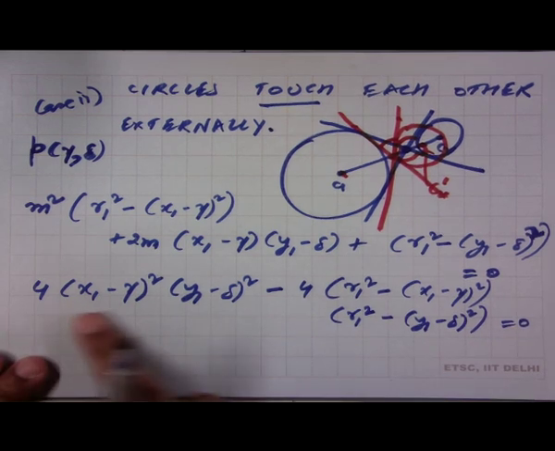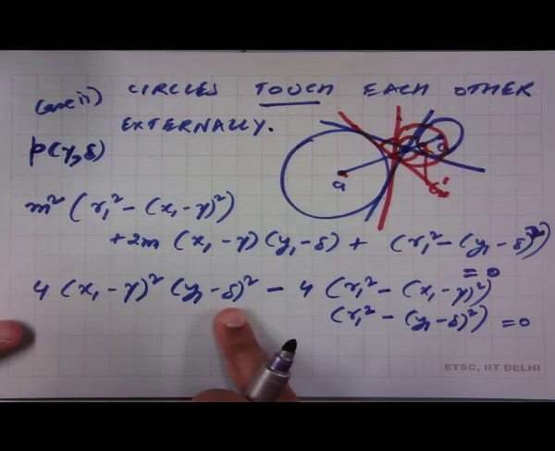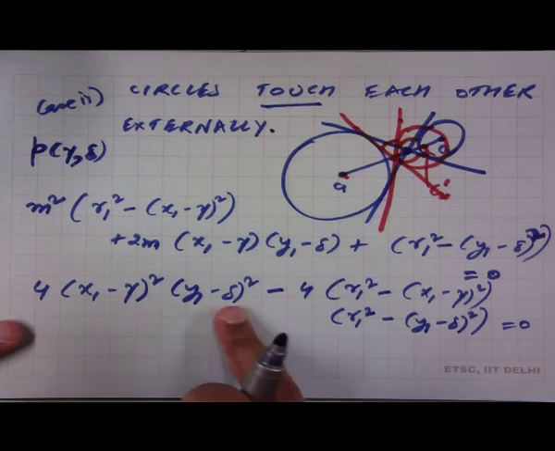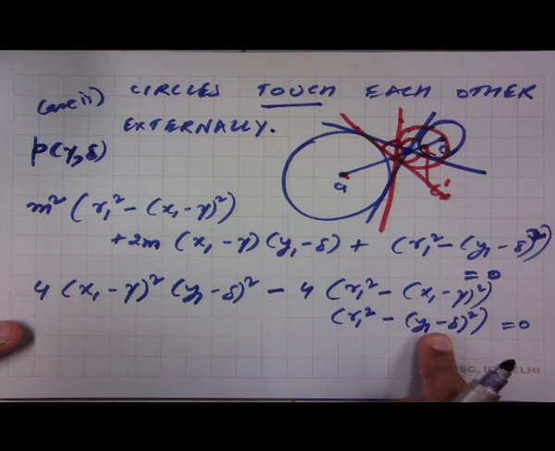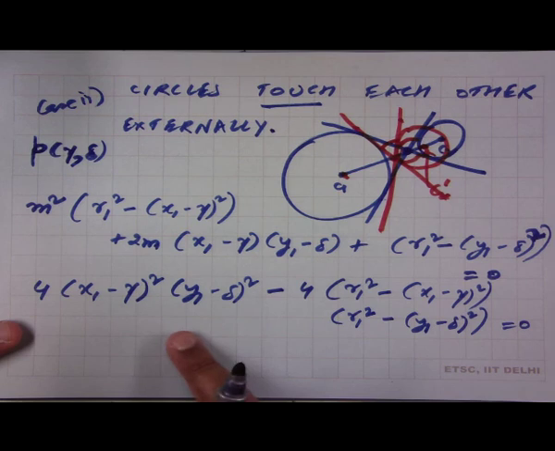So, if the coordinates gamma and delta of the point of intersection of the transverse common tangents satisfy this equation, only then will it happen that we will have only one transverse common tangent.